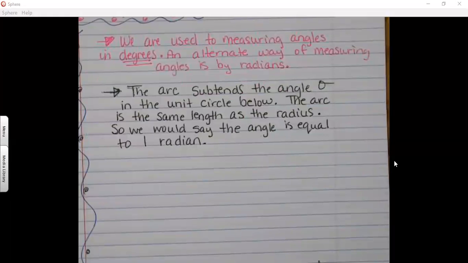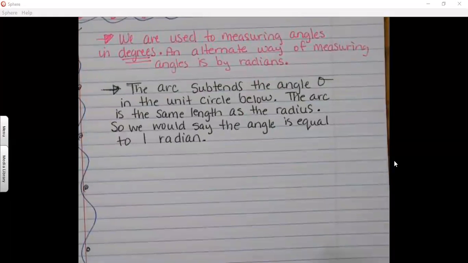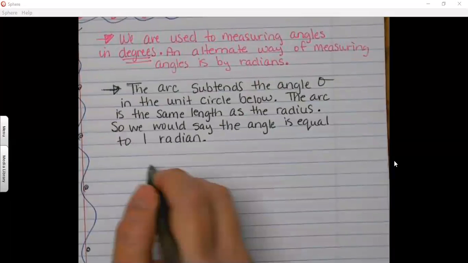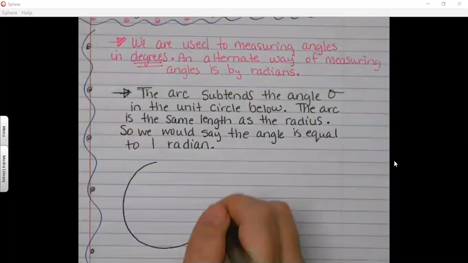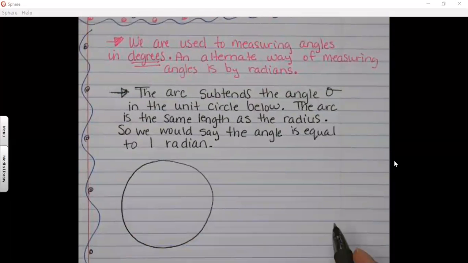Okay, well, let's draw the unit circle. And I'm going to put a point at the center of the circle. I'm going to draw the positive side of my x-axis.